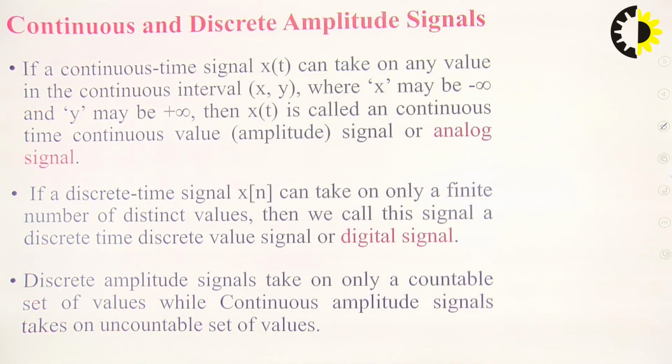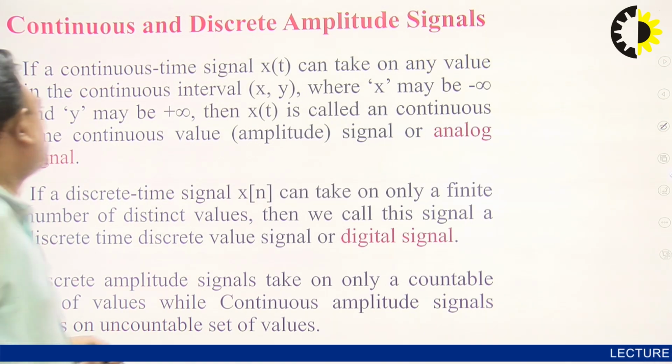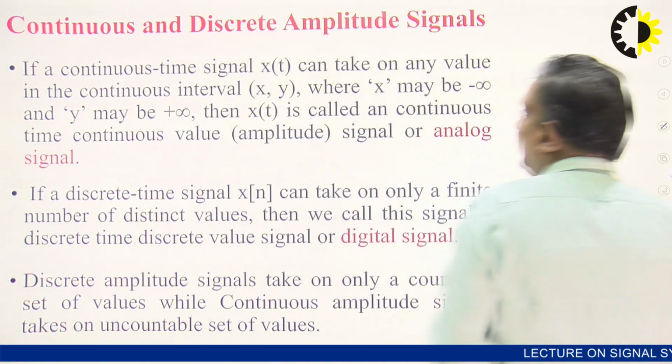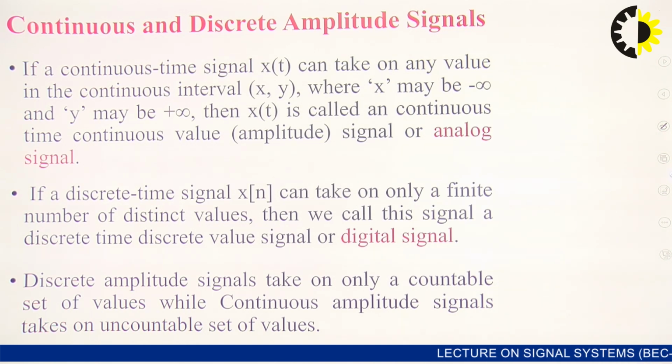Another thing is continuous and discrete amplitude signals. A continuous time signal can take values in the continuous interval (x, y), where x may be minus infinity and y may be plus infinity. Then x(t) is called a continuous time continuous value signal, or analog signal.